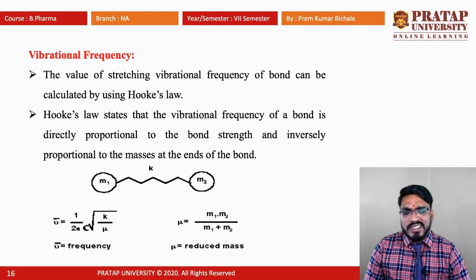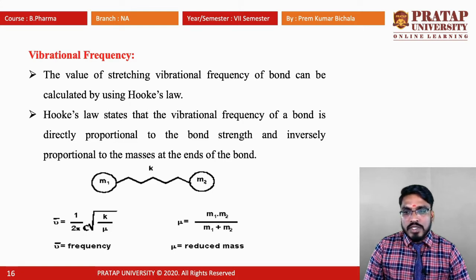Hooke's law states that the vibration frequency of a bond is directly proportional to the bond strength and inversely proportional to the masses at the ends of the bond. So the frequency we can denote by nu.